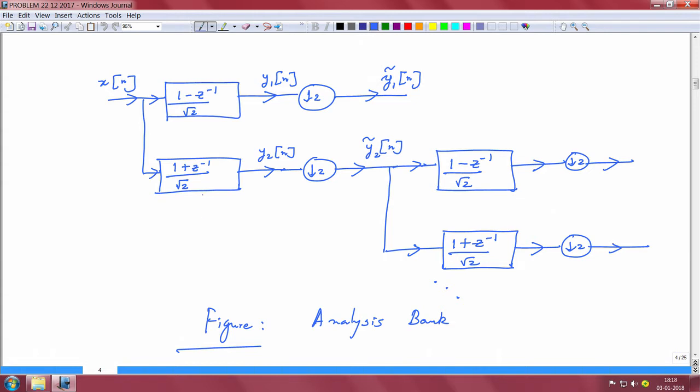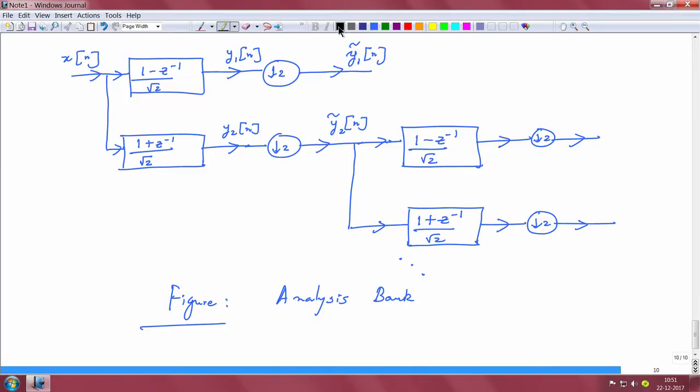It goes through a low pass filter and a high pass filter followed by downsamplers, downsampling by 2, and then again in the low pass band it goes through a low pass and a high pass followed by downsamplers. This is the process in the analysis bank, and we would like to investigate if Parseval's energy conservation property is satisfied under circular convolution when you do the filtering operations.